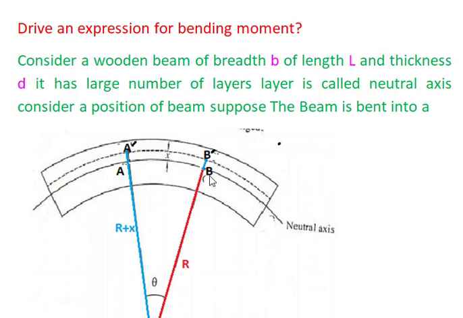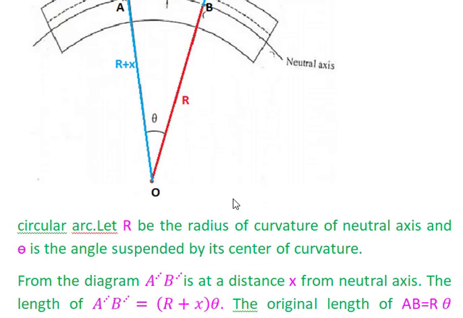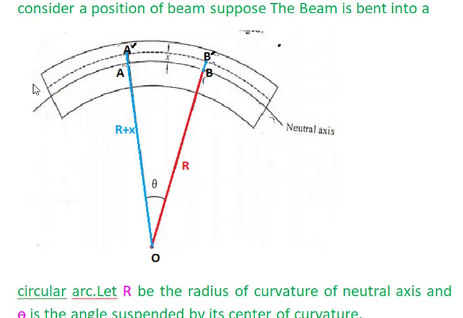The beam is made up of a large number of layers. The central layer is called the neutral axis. Suppose the beam is bent like this into a circular arc. If you draw a circle, we will have a radius.